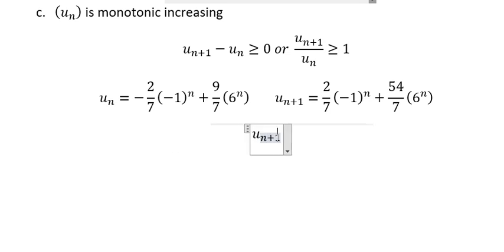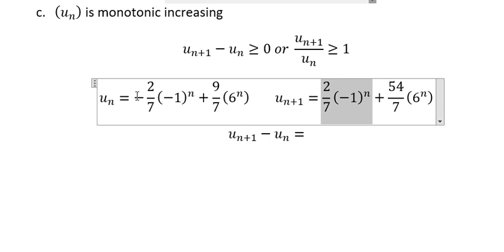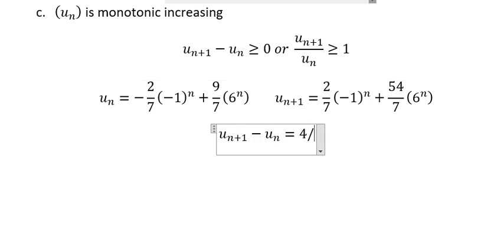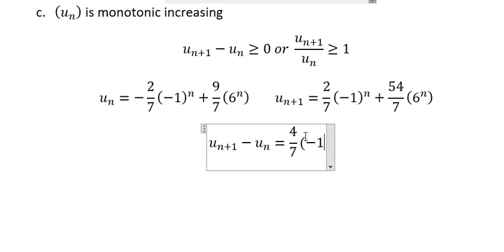Let us take u_{n+1} minus u_n and see what we have. I'll take this minus this, it becomes plus 2 and 2 gives us 4. So 4 on 7 times negative 1 raised to the power n.